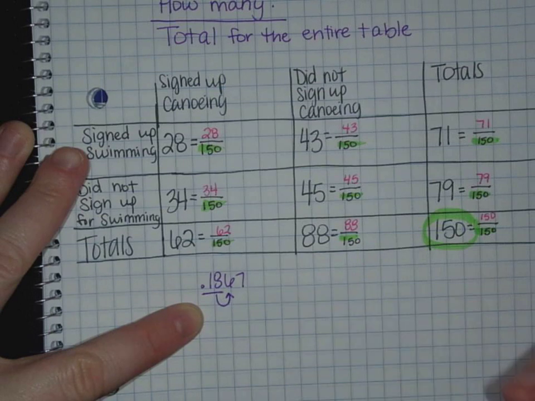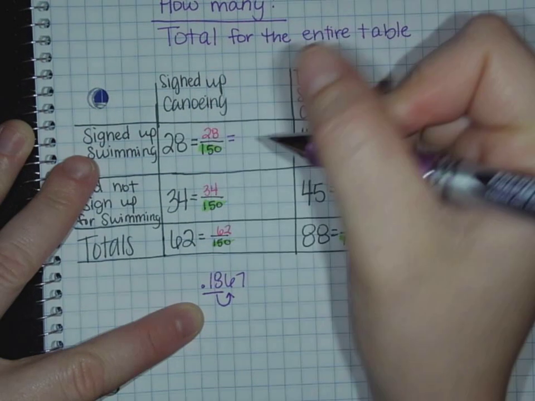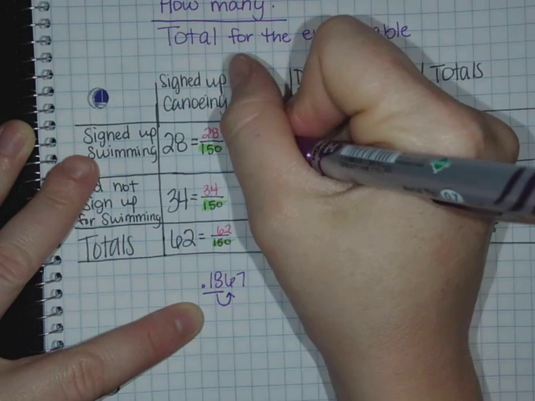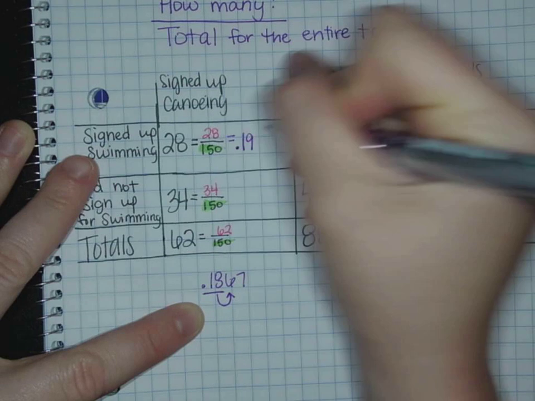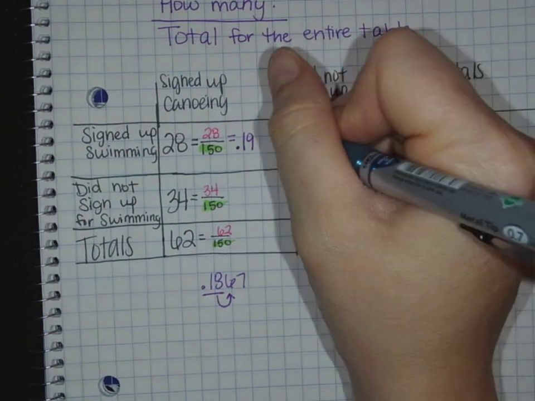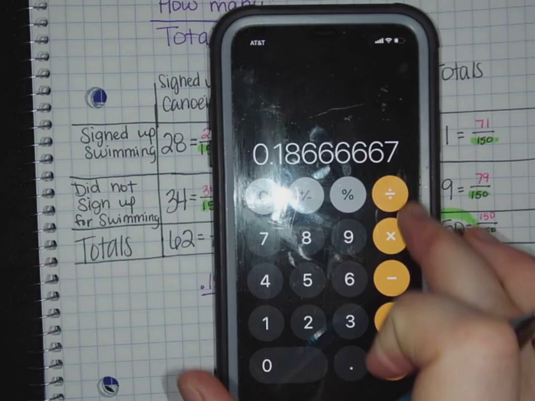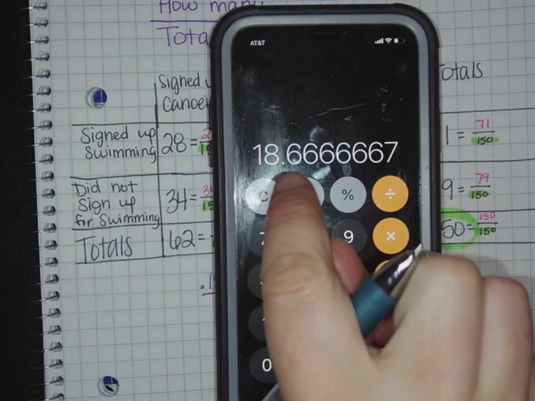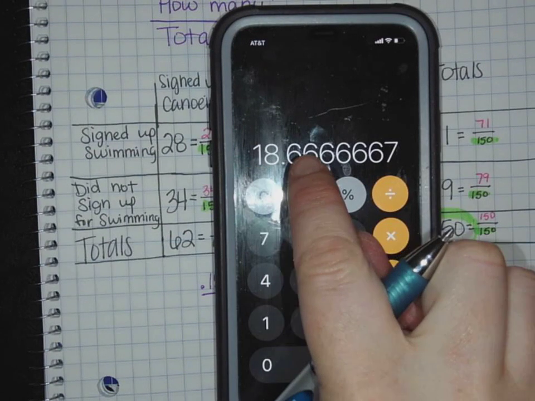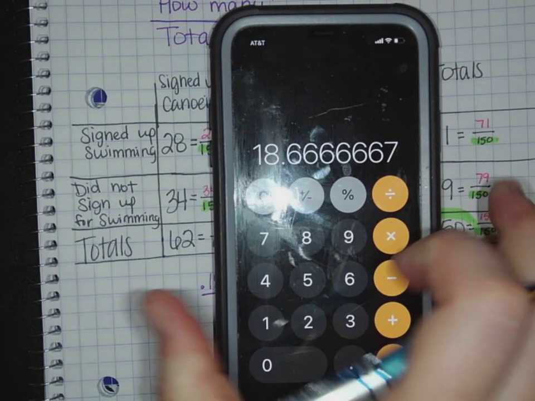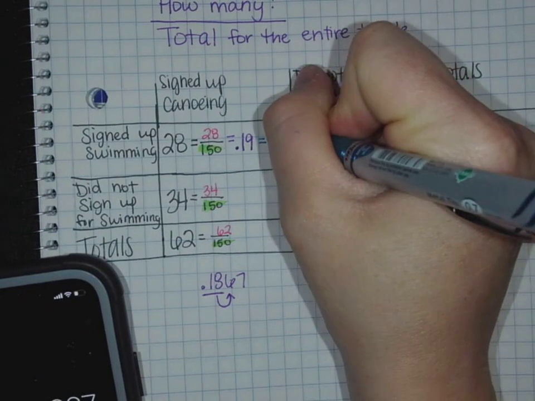So that 6 would make that 8 a 9. So it'd be 0.19, which times 100 would be 18.6, which rounds up to 19. So it would be 19%.